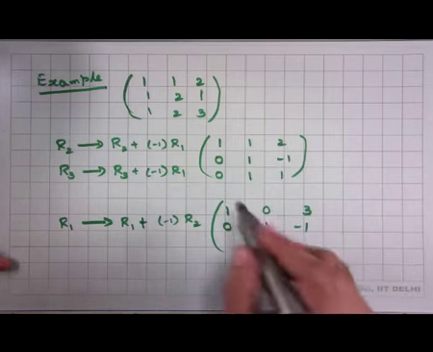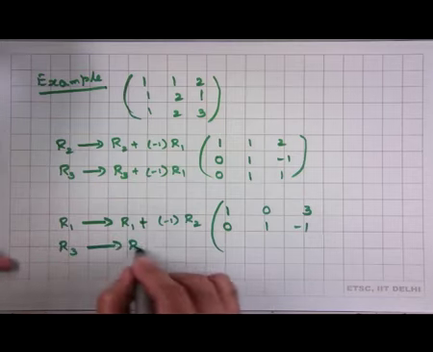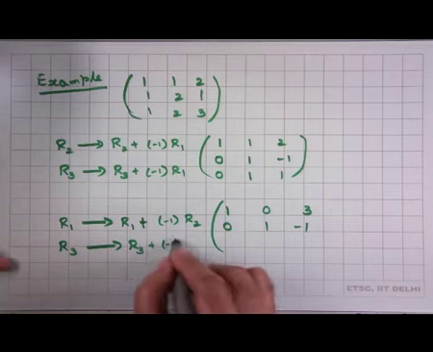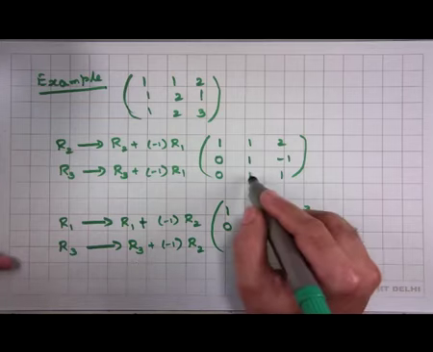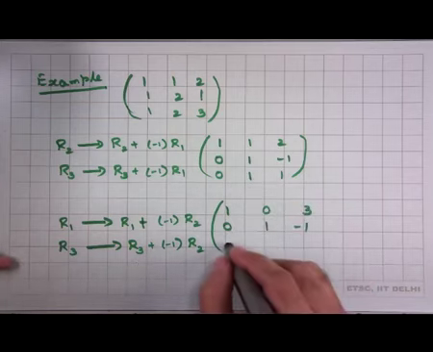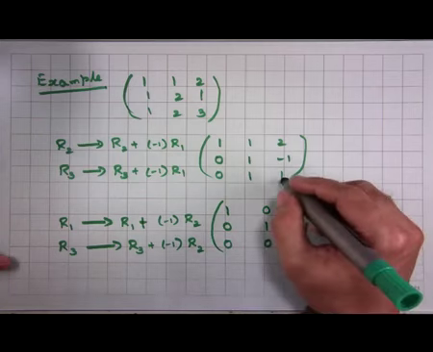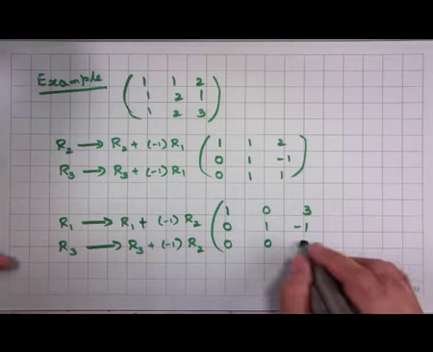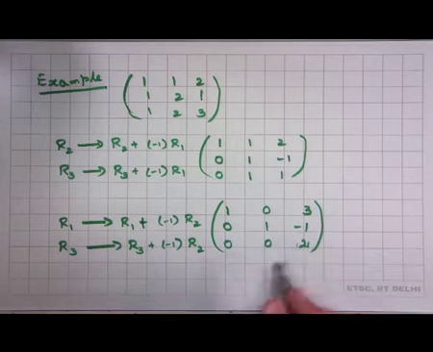Again here, the last one, R3 is replaced by R3 plus minus 1 times R2, right. So, I want this to be 0. So, I will have 0 here, 1 minus 1 which is 0, 1 plus minus 1 into 1 which is 2. Finally, the submatrix is a 1 by 1 matrix, right.